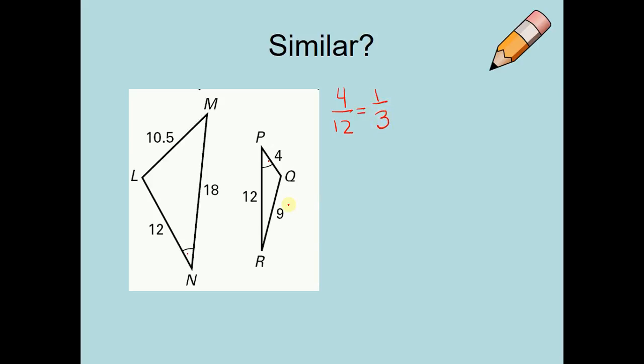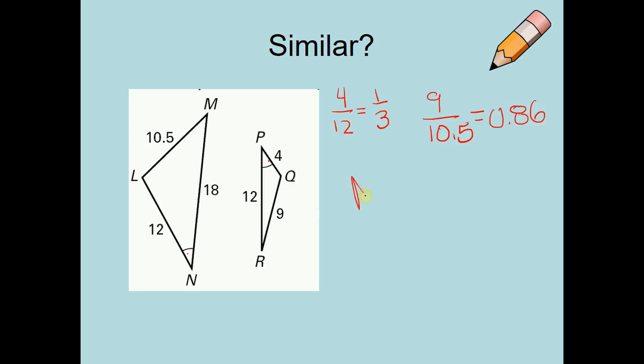Let's see if the rest of them also go down to 1/3. It looks like QR relates to LM. So that would be 9 over 10.5, which is 0.86. That does not simplify down very nicely.